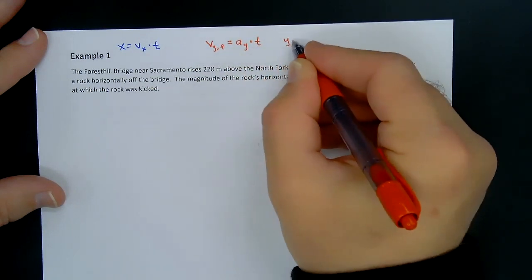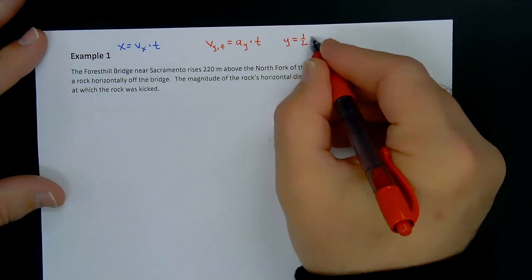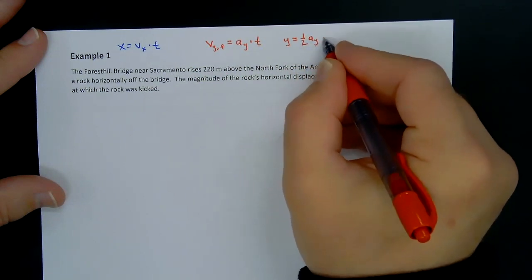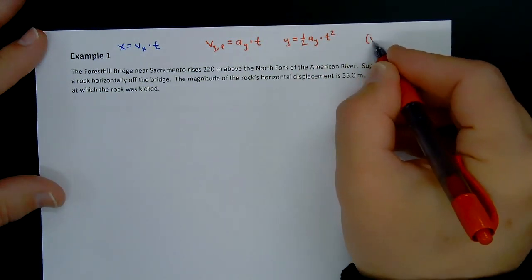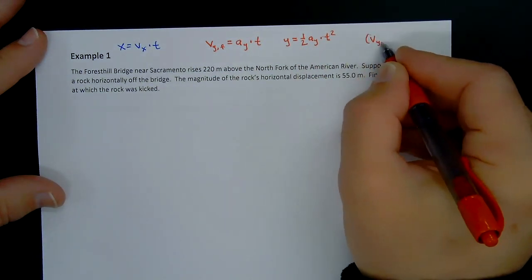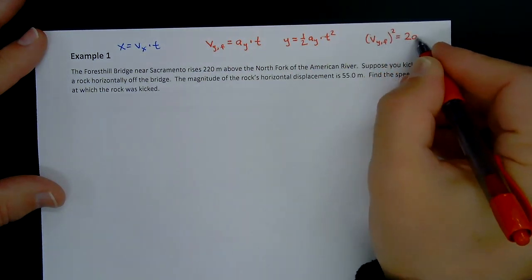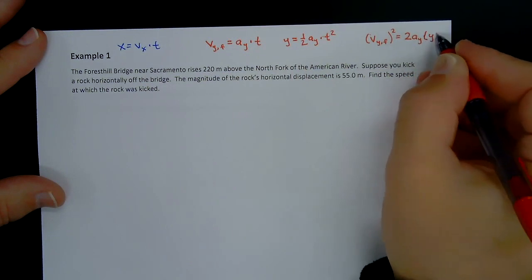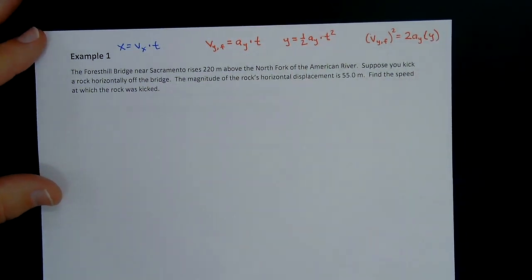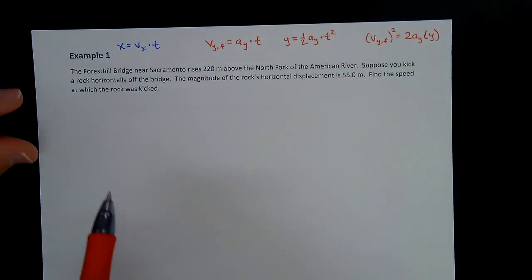We also know that the vertical displacement is equal to 1/2 times the acceleration in the y direction times t squared. And then we also know that the velocity in the y direction final squared is equal to 2 times the acceleration in the y direction times the vertical displacement. Okay, so now we're going to use some of these equations in order to figure this out.